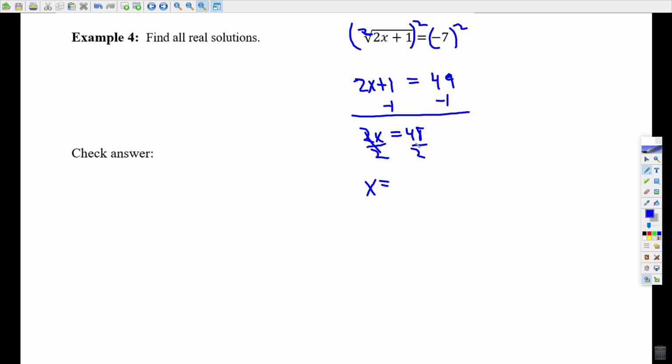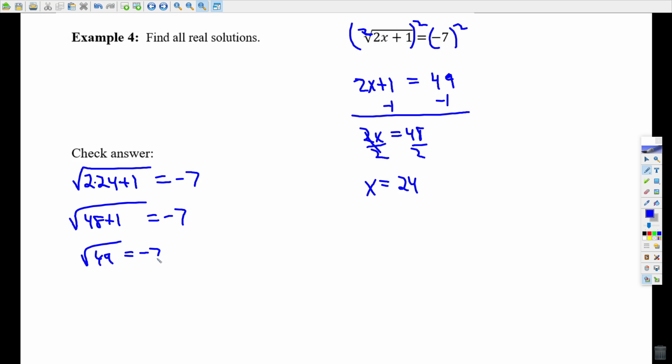X equals 24. Really, I guess I shouldn't circle it until we're ready to figure out whether it's right or not. So let's do our check. The square root of 2 times 24 plus 1 equals negative 7. So the square root of 48 plus 1 equals negative 7. Square root of 49 equals negative 7.